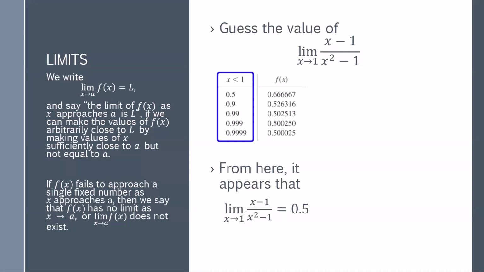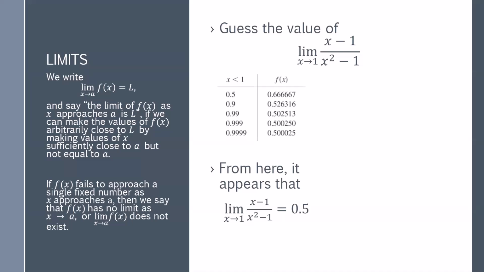As we increase those numbers closer and closer to 1, our function value goes from 2/3 to 0.53 to 0.50, and it stays around 0.5 as x gets closer and closer to 1. So we might guess that for values of x less than 1, the limit as x approaches 1 of x minus 1 over x squared minus 1 equals a half.